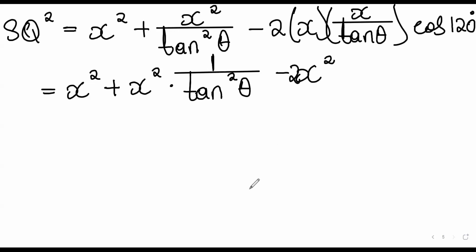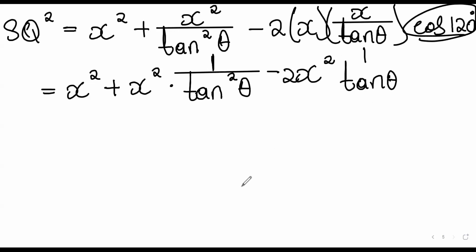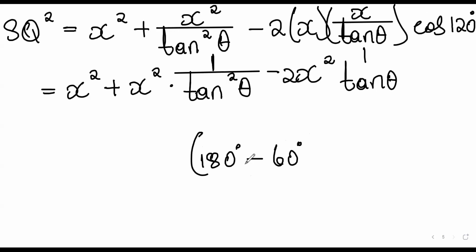And well, we still have the 2 in front. And now we have 1 over tan theta. Now we say, well, what about the last one? The cosine of 120 degrees, we know that it's 180 degrees minus 60.